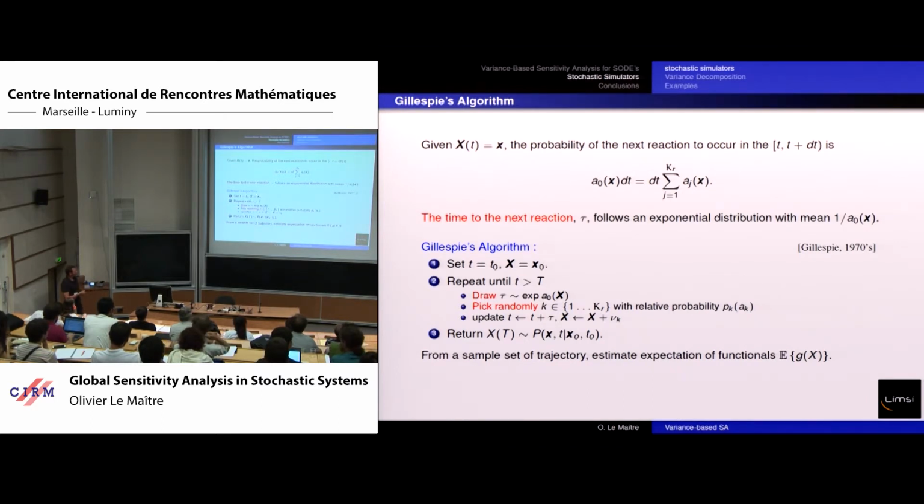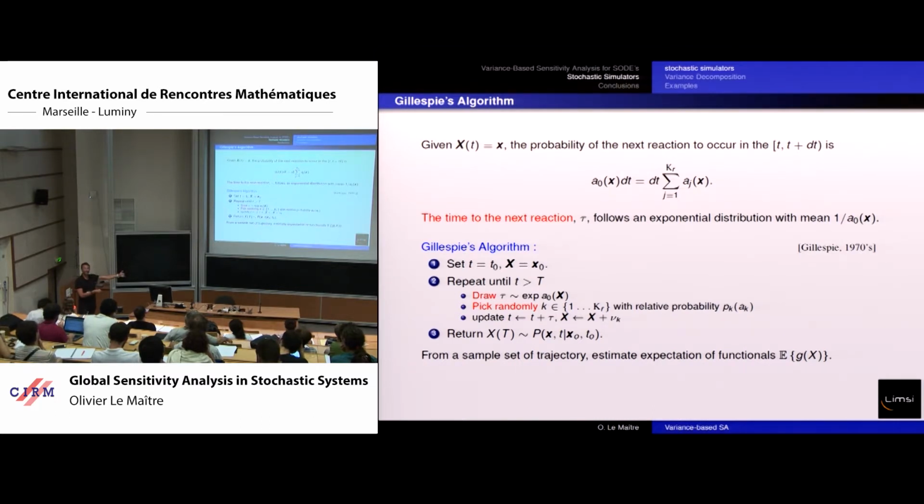The Gillespie algorithm is quite easy to understand. You start from your initial state, x0. Given that you are in a certain state, you can evaluate the rate of reaction and draw the time to the next reaction.